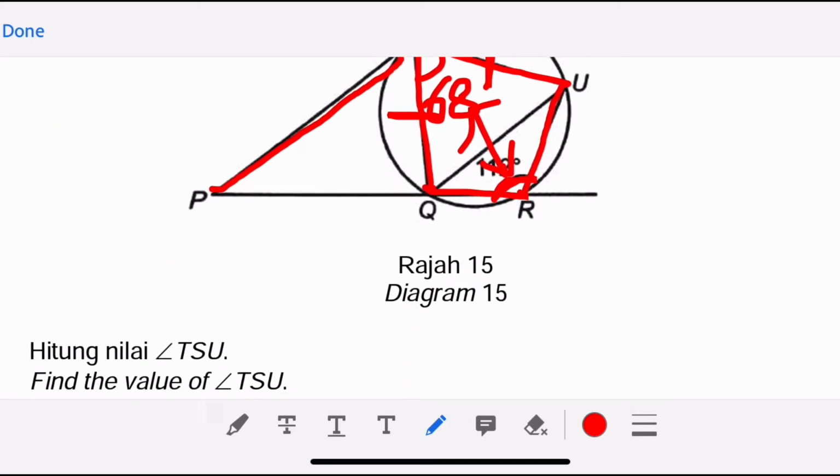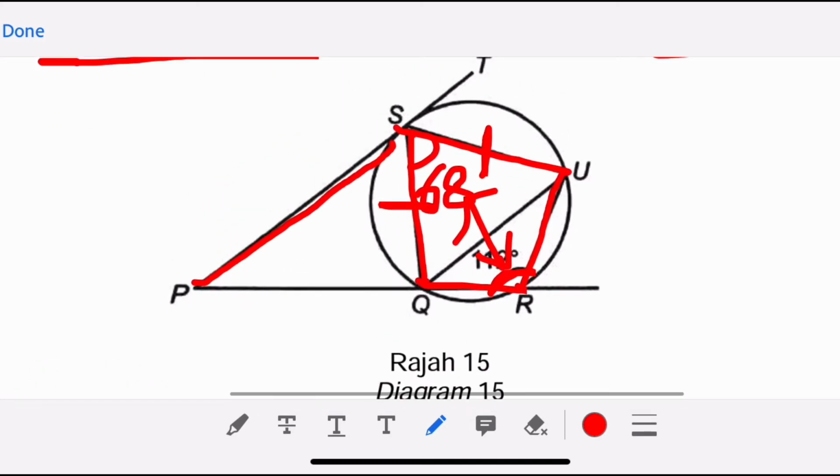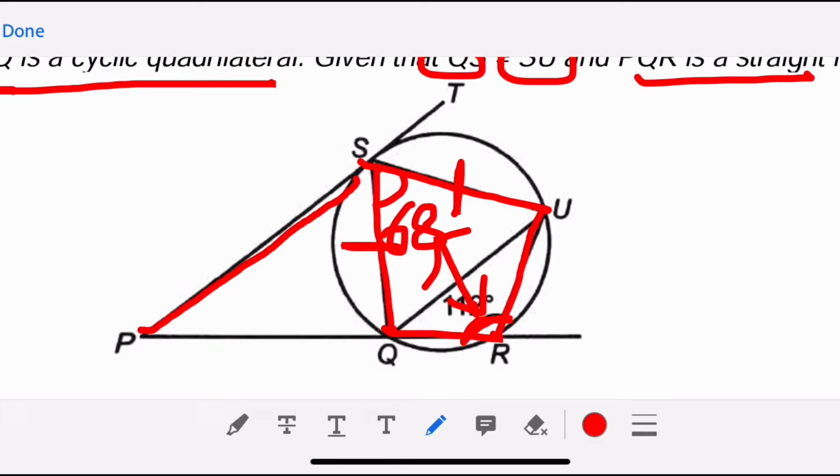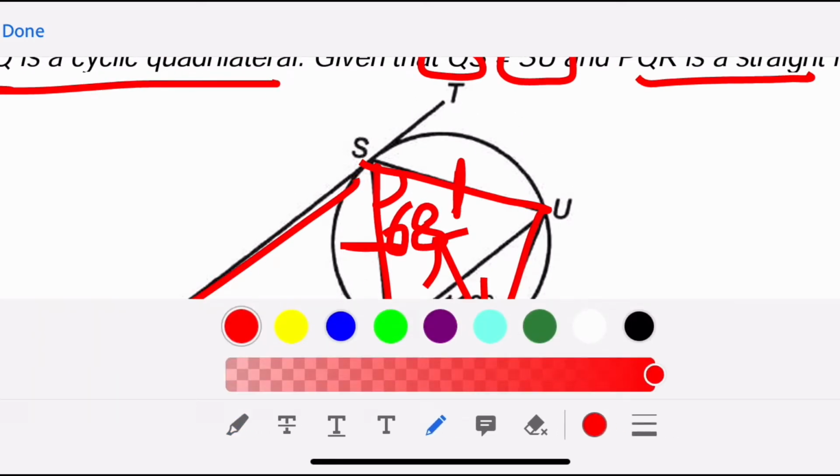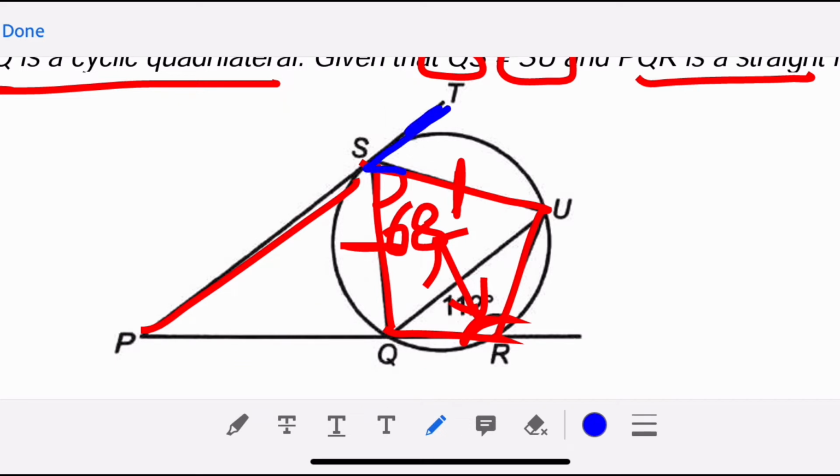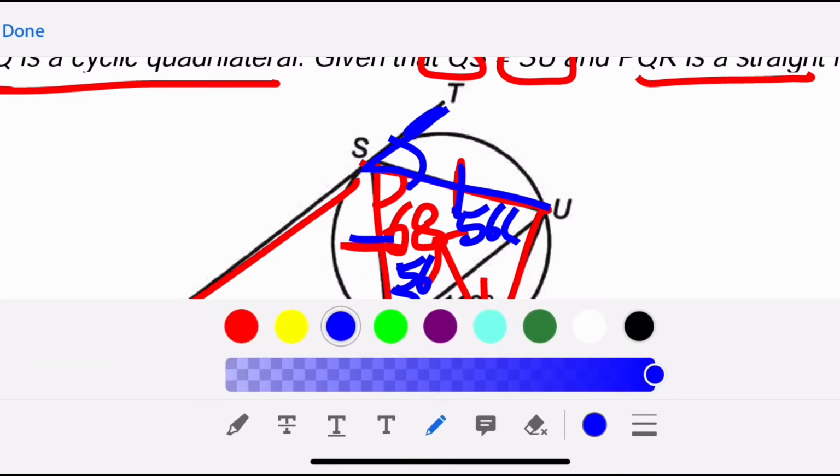So what the question asks is TSU. We are asked to find TSU. That means we are going to work out this angle, TSU. We can find this angle and this angle because this is isosceles. So we take 180 minus 68 and then divide by 2. So this is 56. With 56, we can say that this angle is actually the alternate segment.